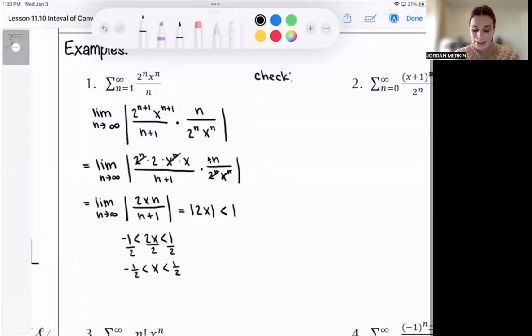So if I were to plug in -1/2, we have the sum from n equals 1 to infinity of 2 to the n times -1/2 to the n over n, okay? And so we want to check to see if this, in fact, converges or diverges. Well, then this is the sum from n equals 1 to infinity. 2 to the n times -1/2 to the n is -1 to the nth power over n.